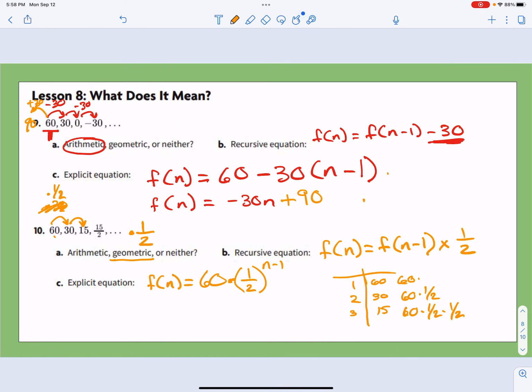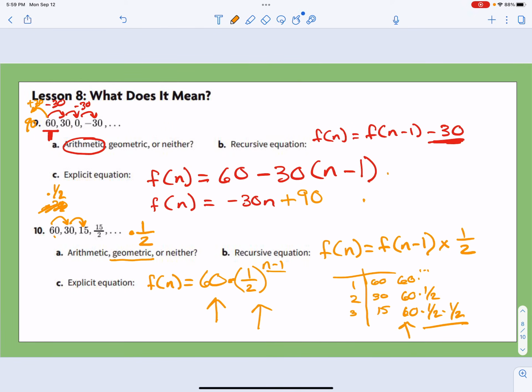So basically we wanted to make the 60 the common thing, and that 1/2 became what we were doing each time. In the first one, we don't want 1, so it became 1 minus 1 is 0, which means the whole thing became 1. So 60 times 1, we're good to go. So that's what we were doing before to figure out what that would look like. And that's fine. When we're talking about geometric, that works just fine. You can certainly do that.